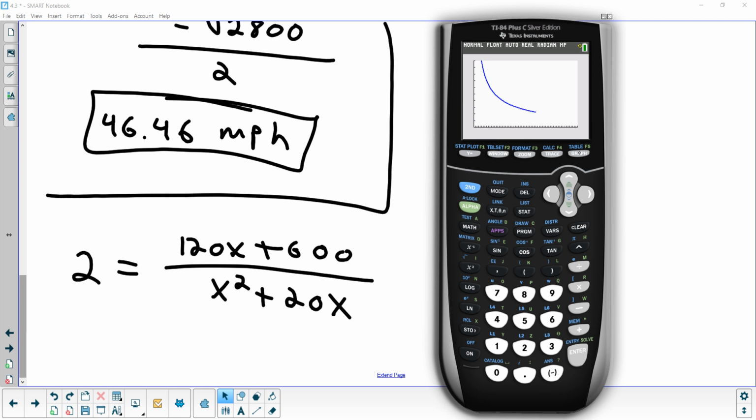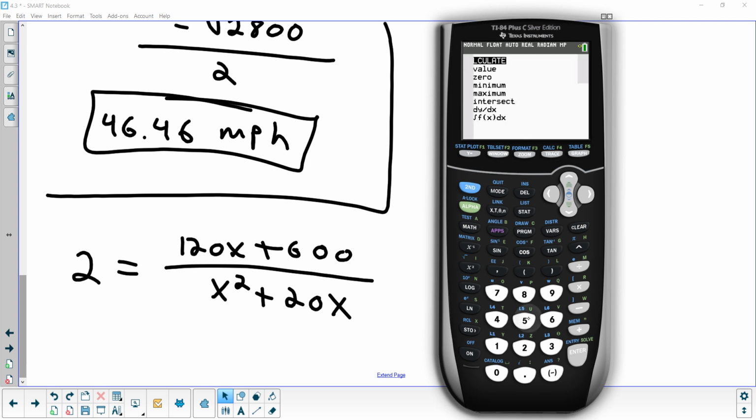So you can see the faster you go, the less time it starts to take. The slower that you go, the more time the trip starts to take. We're going to see where it doesn't take 2 hours. So what do I have to calculate? Yeah, the intersection. And we're hoping it's 46.46.